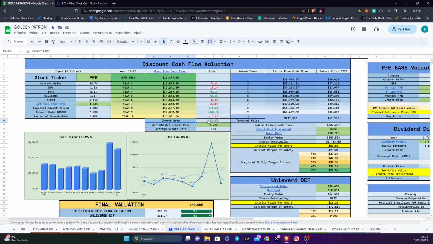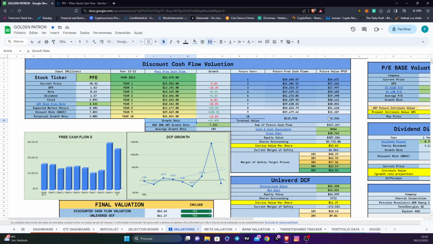Once we have all this data, the future free cash flow gets calculated using the latest year and the average growth rate. We get 28 for the first year, and then it just automatically does it for the next 10 years until we get a terminal value. And then it comes back to the present value, and it gives us a 62%.